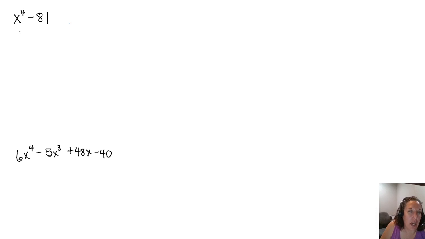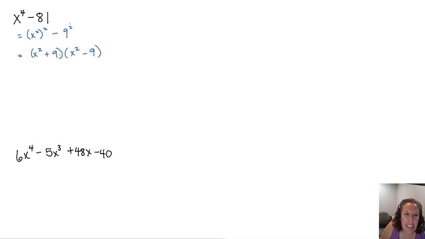And so we can factor this. We can write it as x squared squared minus 9 squared. And remember, difference of squares factors to the first one plus the second one times the first one minus the second one, or the square root if we're looking at the original problems.